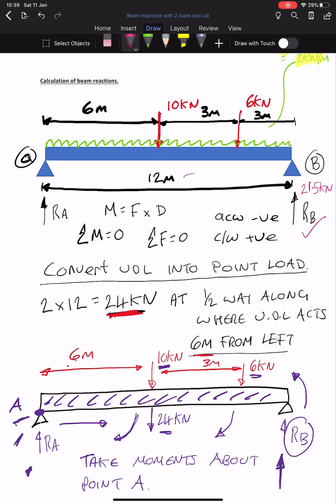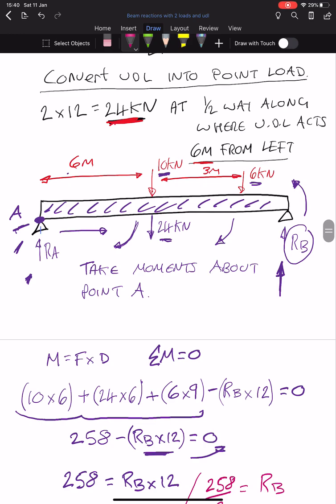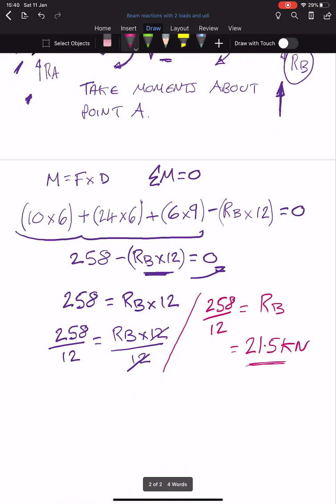I'm going to do RA. So with RA, I'm going to make this the pivot point. So I'll change the pivot point to point B now, because we're trying to find RA. Still the same method. Obviously these forces are going to go anti-clockwise, so we're going to have some negative numbers here now. But all I'm doing now is swapping over.